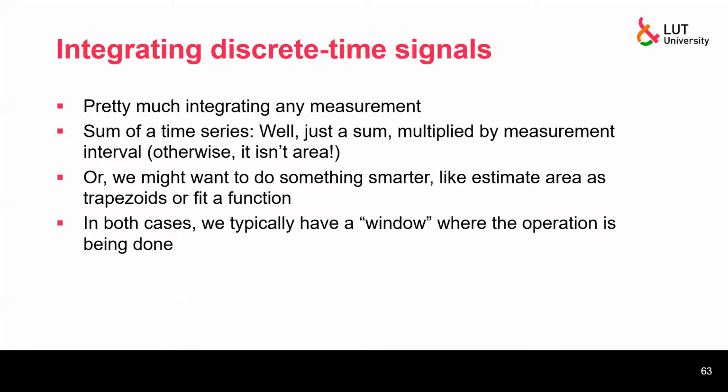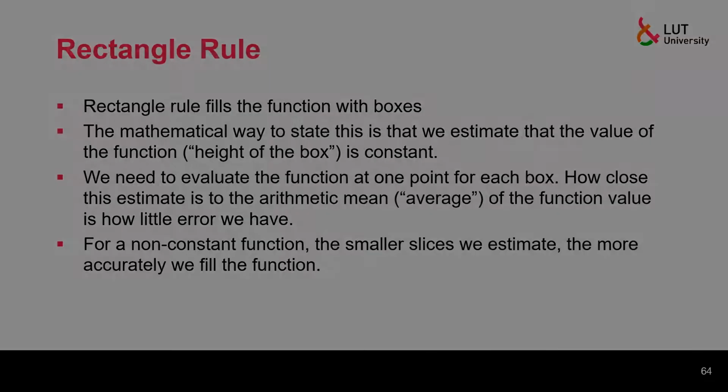There's going to be an example in a few slides. Or then we might fit trapezoids, puolisuunnikas. So we fit straight lines and then calculate that there's a triangle and this rectangular area between these points. In both cases, typically there's a window, so not using just 2 points, but using a longer window and maybe some smarter things there.